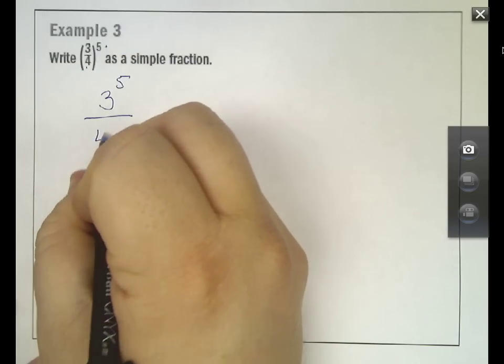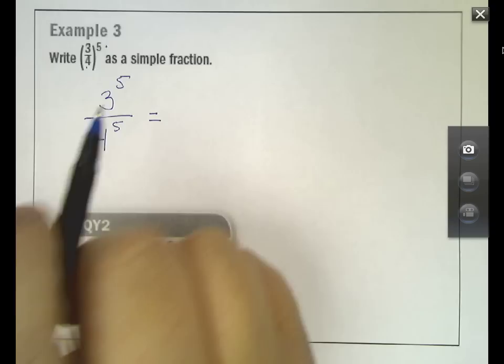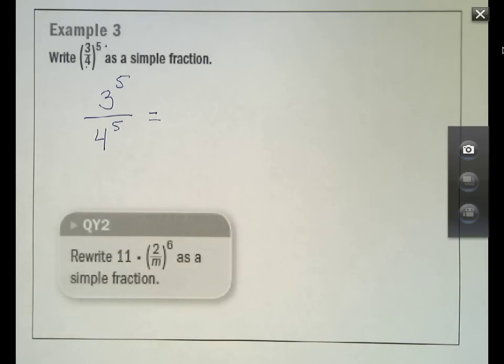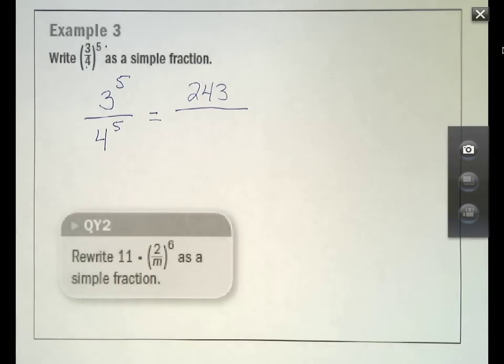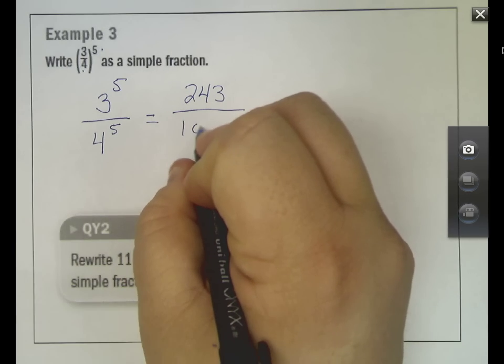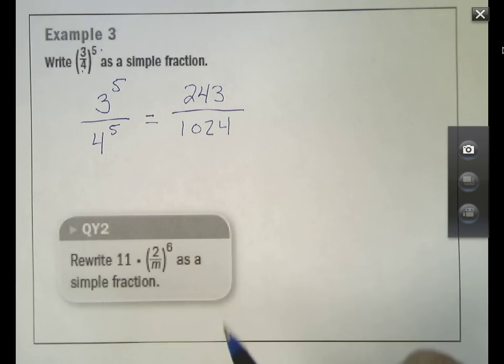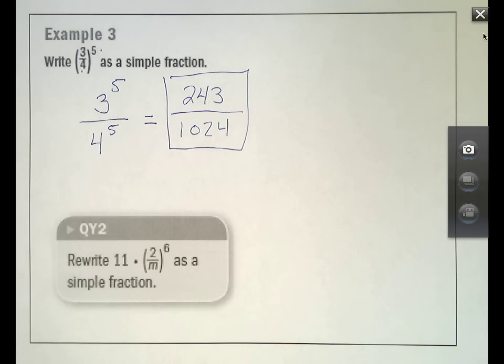So it's 3 to the 5th divided by 4 to the 5th. 3 to the 5th, 3 times 3 is 9, times 3 is 27, times 3 is 81, times 3 is 243, divided by 4 times 4 is 16, times 4 is 64, times 4 is 256, times 4 is 1024. There is my simple fraction.